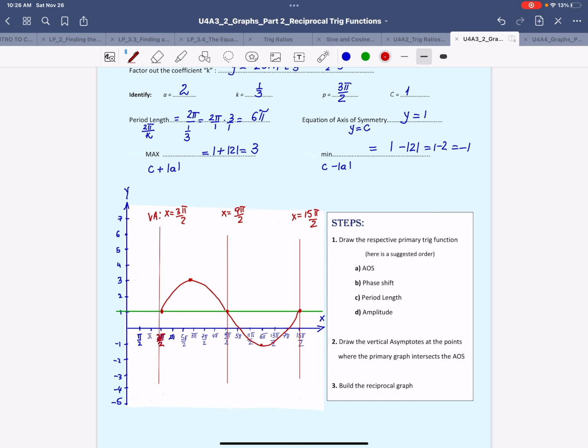And from here on, all you have to do is just build the reciprocal on the primary. So that means the primary is increasing, the reciprocal would be decreasing. So similar to what we did before, primary decreasing, reciprocal increasing. I'm going to make this a little thicker so that it stands out more.